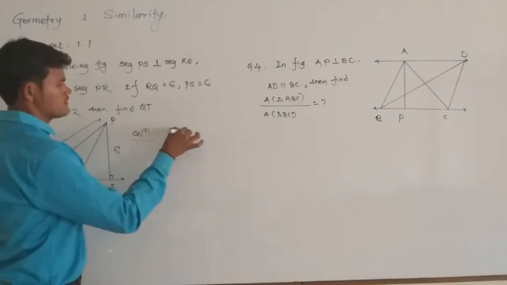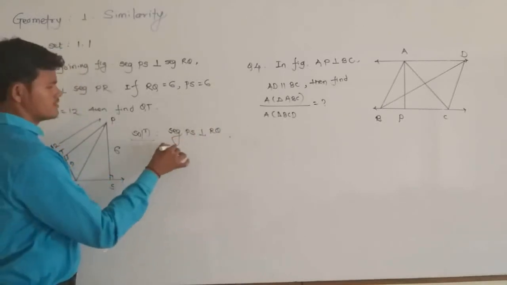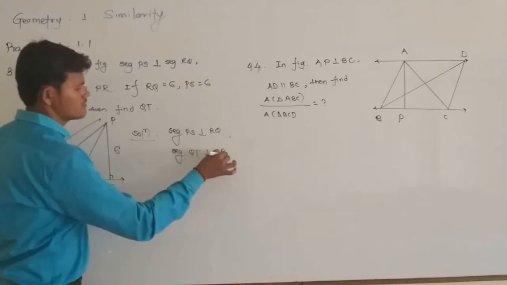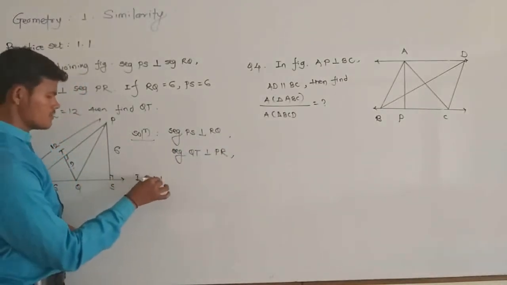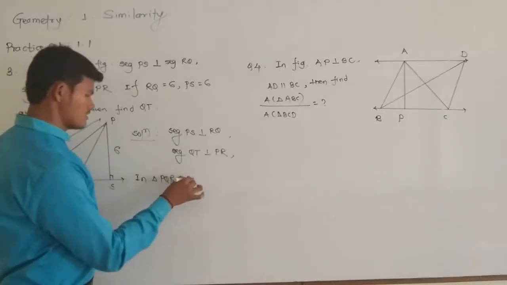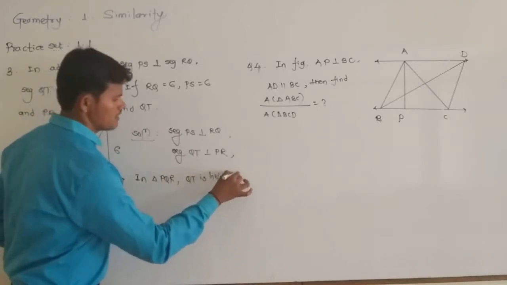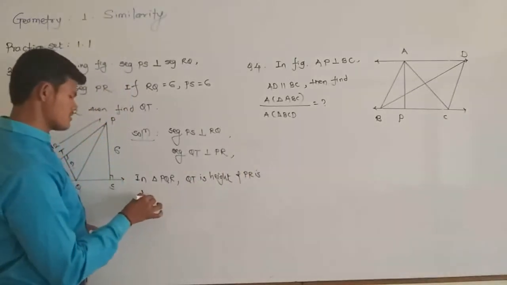Segment PS is perpendicular to the RQ and segment QT is perpendicular to the PR. In triangle PQR, QT is height and PR is base.